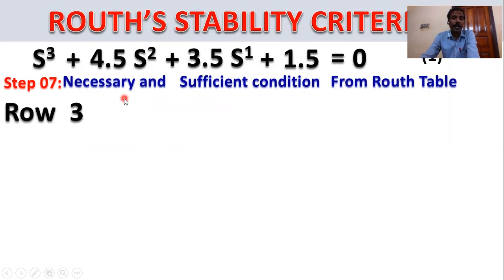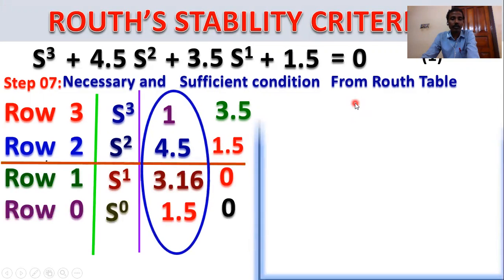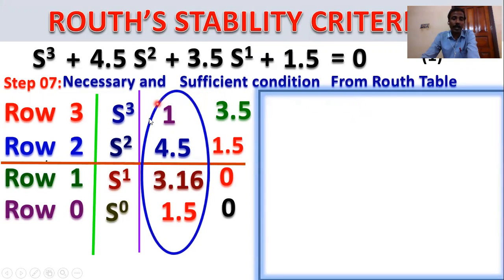From the Routh table, the first column elements are 1, 4.5, 3.16 and 1.5.